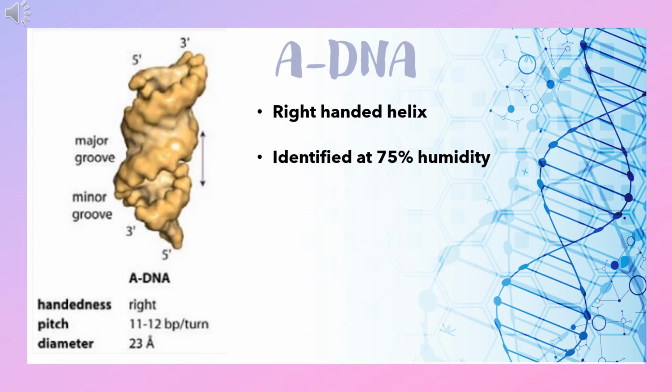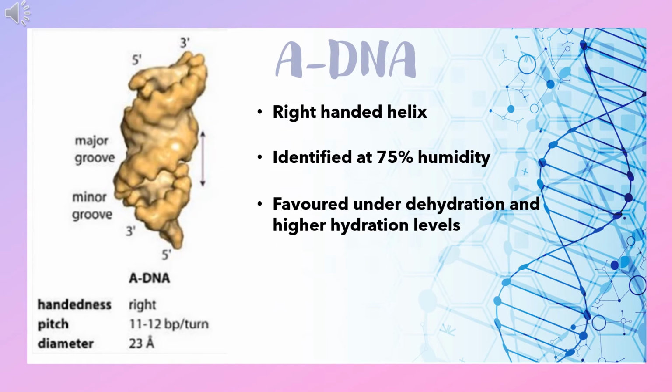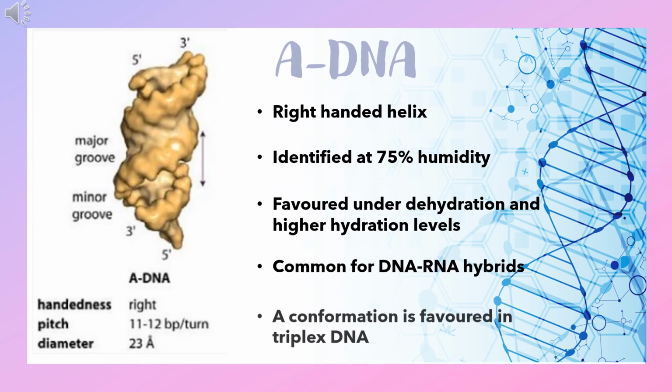In general, A-DNA for any sequence is favored under dehydrating conditions, and certain purine stretches will favor A conformation even in case of higher hydration levels. A-form helixes are common for DNA-RNA hybrids. In addition, it is favored in triplex DNA.